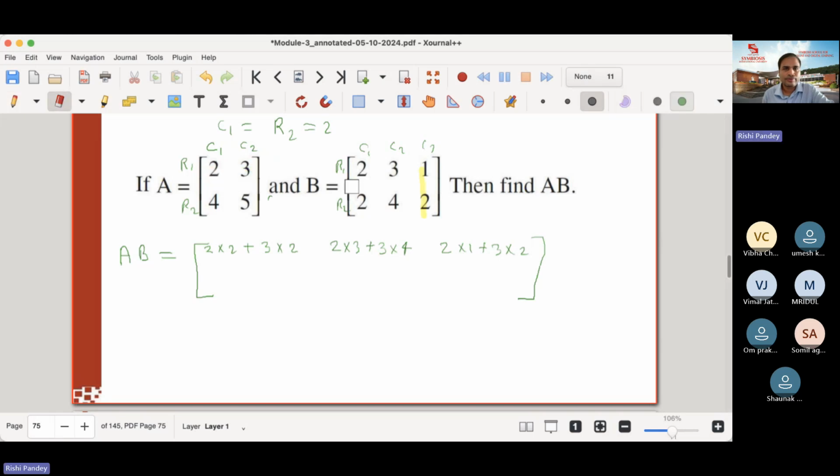Next, we go with the second row and repeat for all: row, column 1, column 2, column 3, one by one. For column 1, 4 into 2 plus 5 into 2.